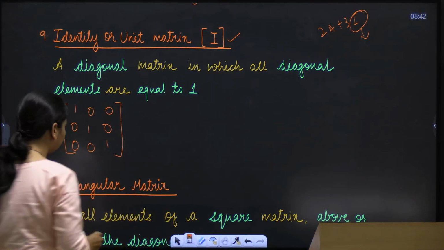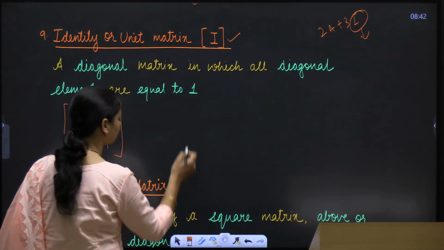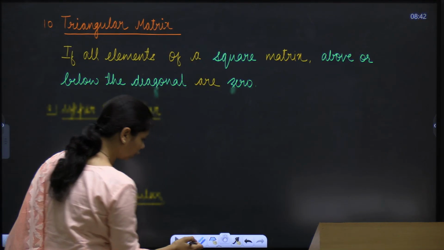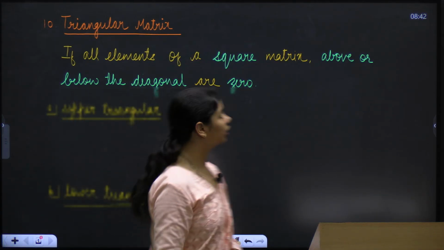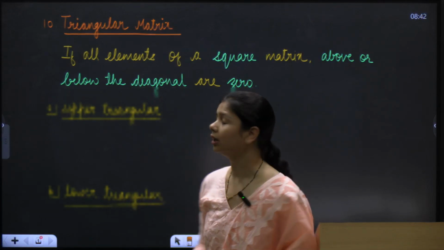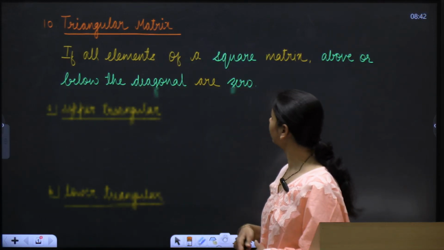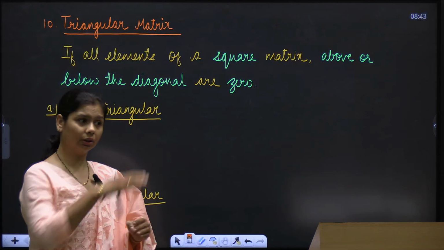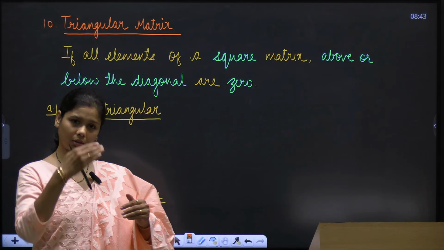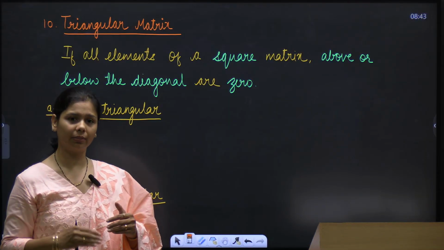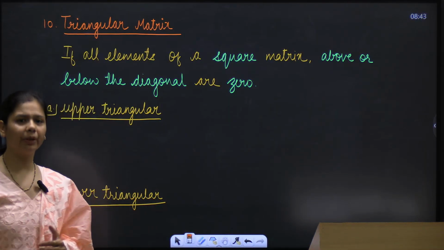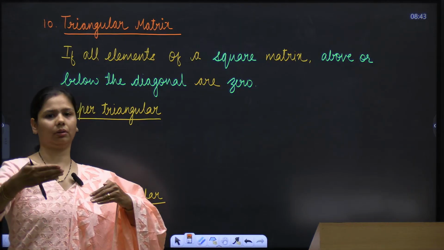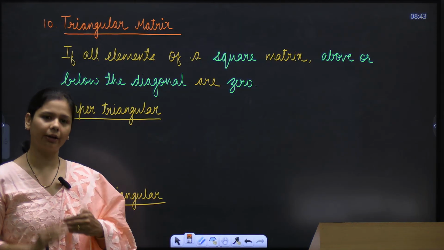Then next is the triangular matrix. The triangular matrix can be divided into two parts, upper triangular and lower triangular matrix. In the triangular matrix, the diagonal elements have some value. Now the upper triangular matrix is the matrix in which the upper elements also have some value.